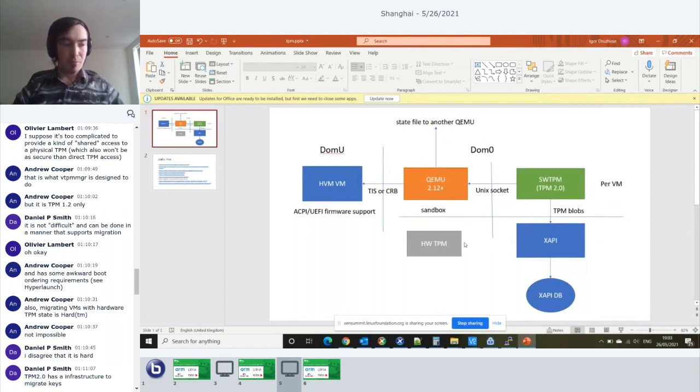What does this mean? It means that the PCR registers are not actually extended from the hardware TPM. It means that the platform certificates of the TPM instance are not actually tied to the certificates that the hardware TPM produces.